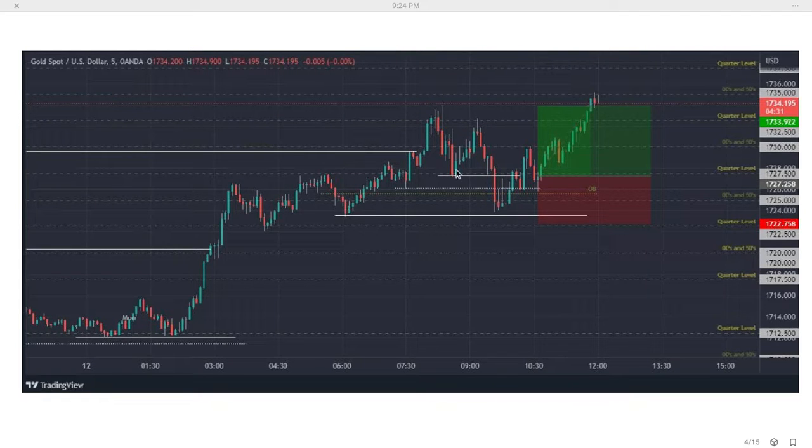And there must be a level of liquidity above the order block, or below the order block if we're looking for sells. But in this case, above the order block right here, we're looking for a support level for price to go and do a fake out or a sweep off of.